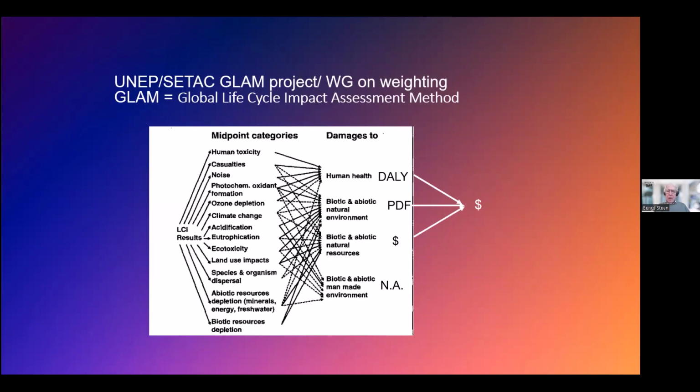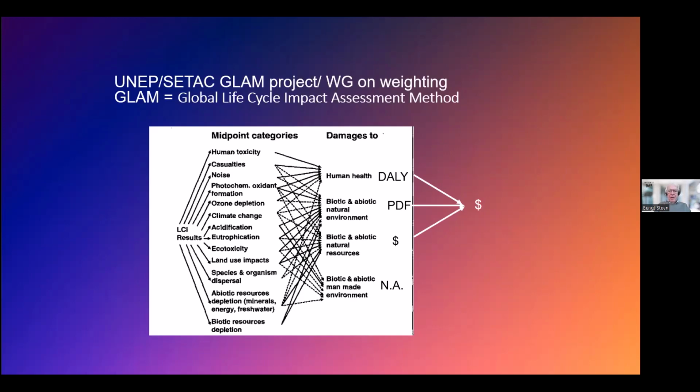We have the UNEP SETAC Life Cycle Initiative that you may know, and they have a project called GLAM, Global Life Cycle Impact Assessment Method. And they have a working group on weighting that I have joined.